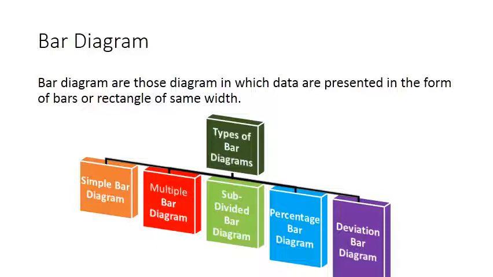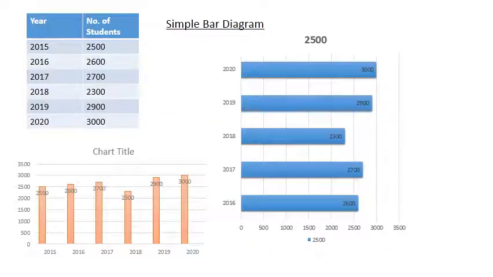There are different types of bar diagram: simple bar diagram, multiple bar diagram, subdivided bar diagram, percentage bar diagram, and deviation bar diagram. I am going to explain these types one by one. Let me explain the simple bar diagram.